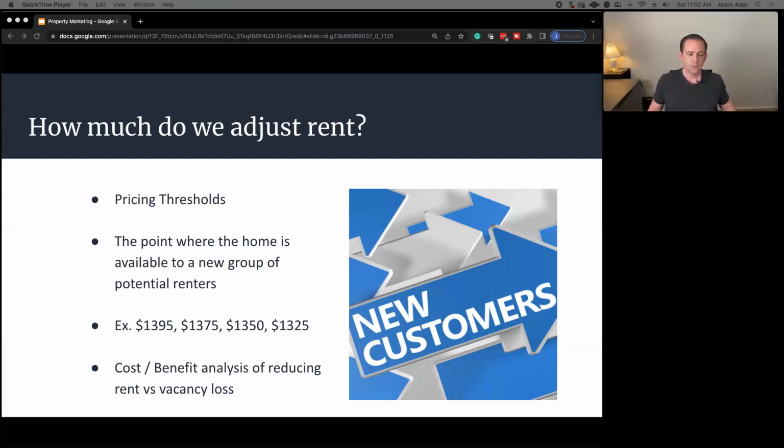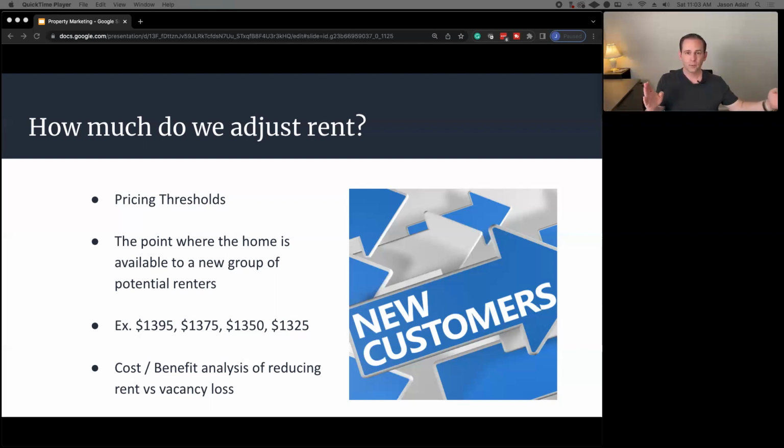Now, if I really want to get this thing moving quick, if I'm like, man, I've gotten zero traffic, I don't want to mess around with this, and I want to open this thing up and get it rented, and it's at $13.95, I have in the past said, okay, I'm okay with the money. I push too hard. $13.25.